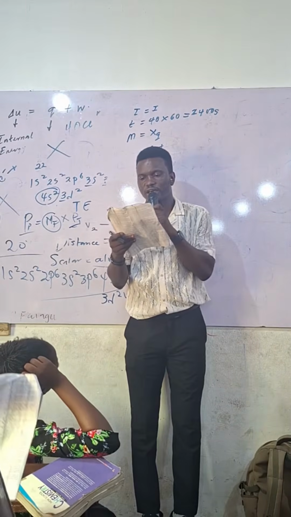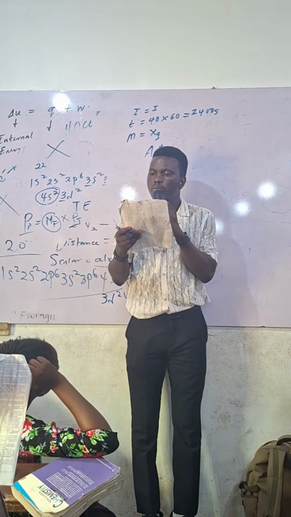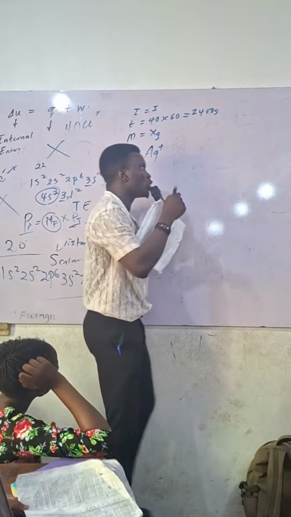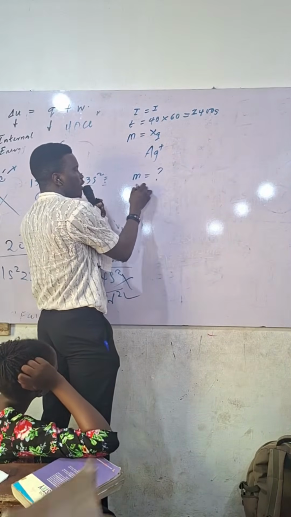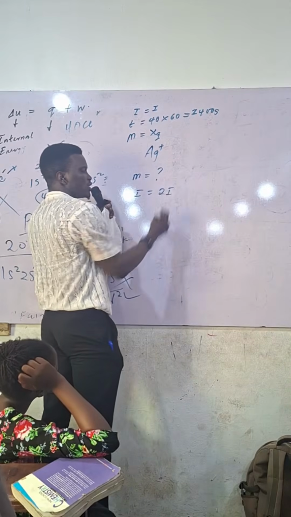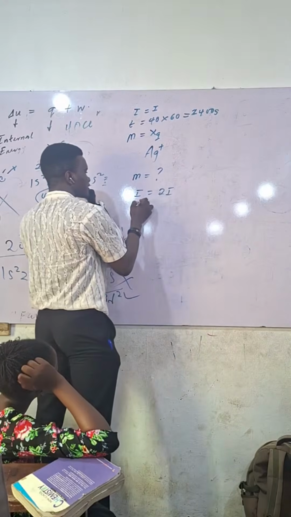So what mass of the metal will be deposited when a current of 2I is passed for 10 minutes?